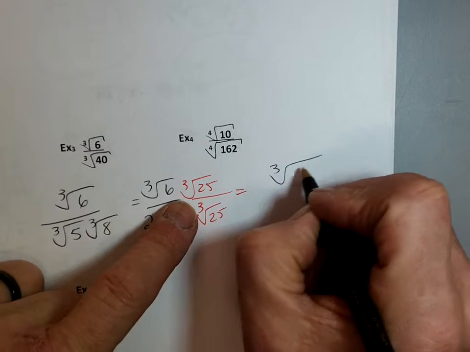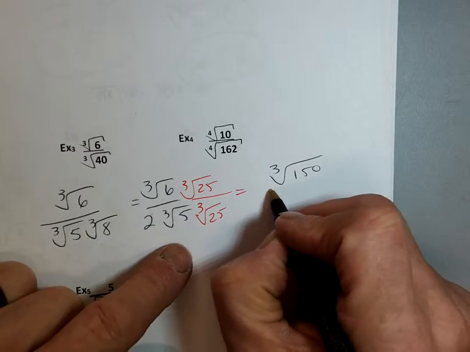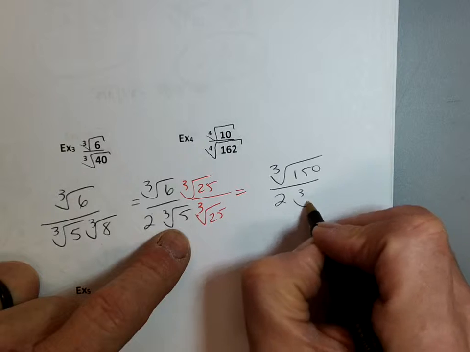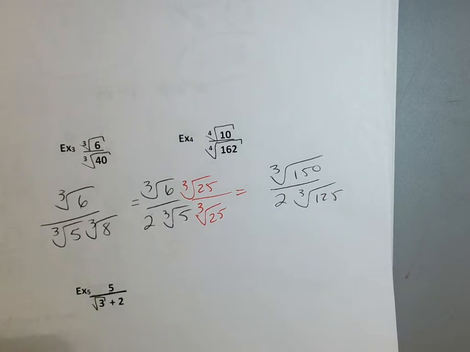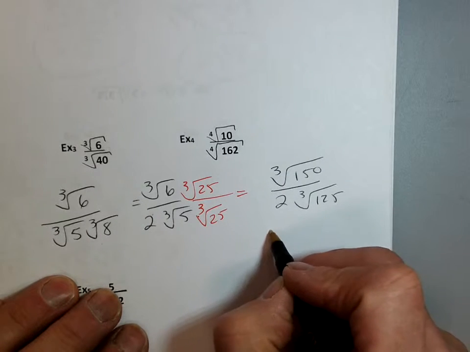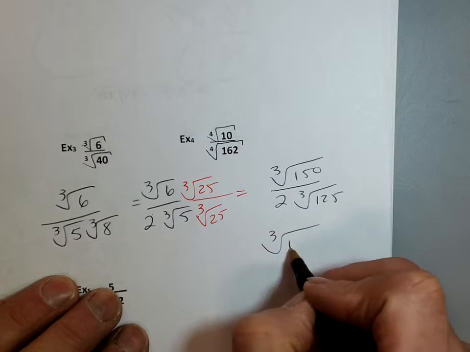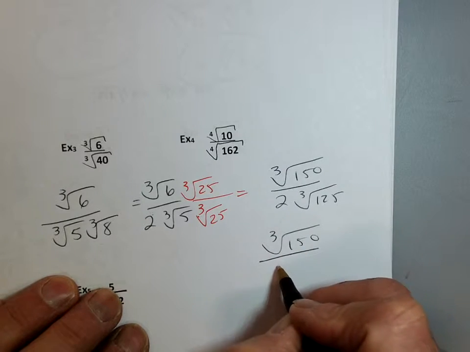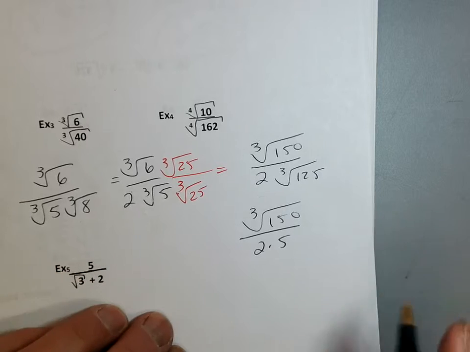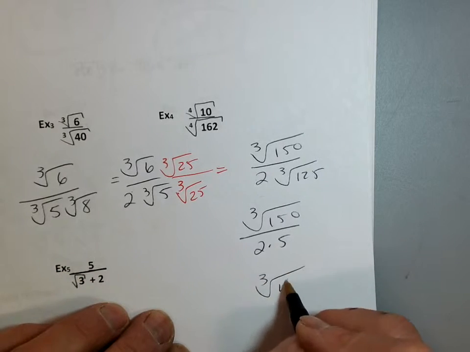Cube root of 150 over 2 times the cube root of 125, which is going to be the cube root of 150 over 2 times 5, cube root of 150 over 10.